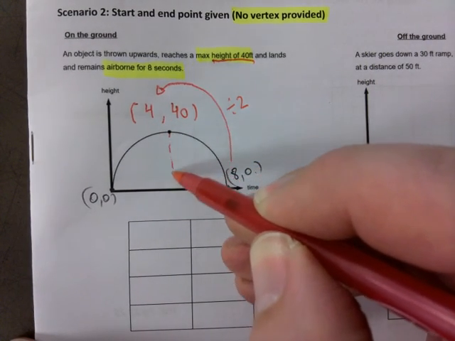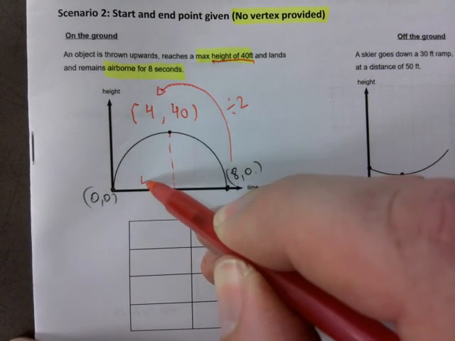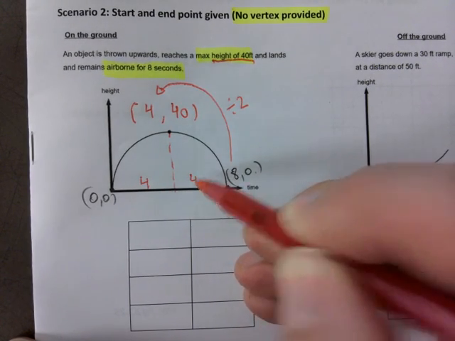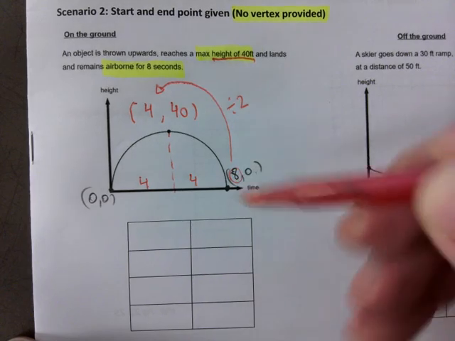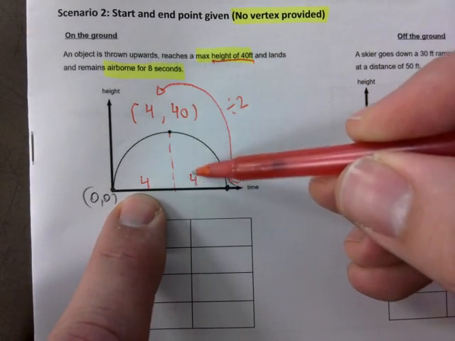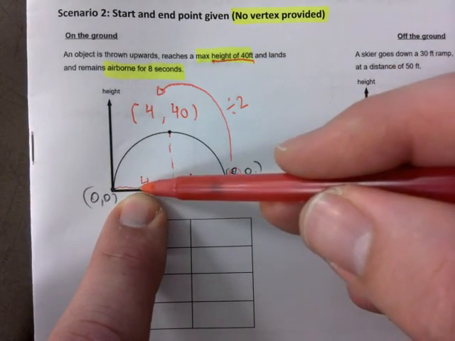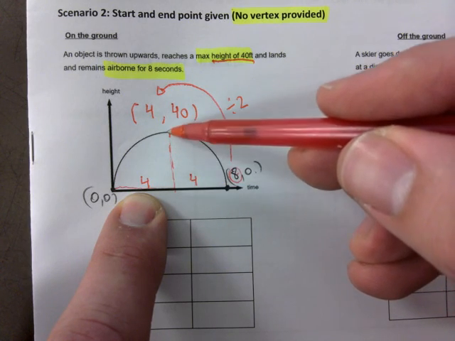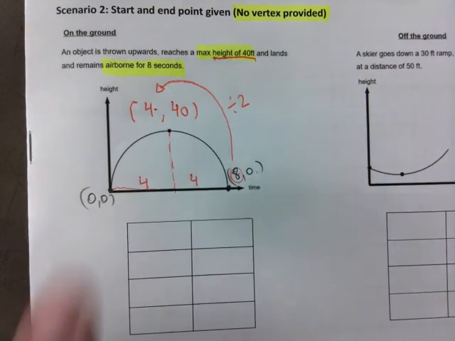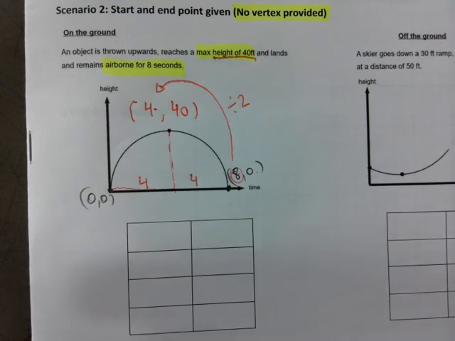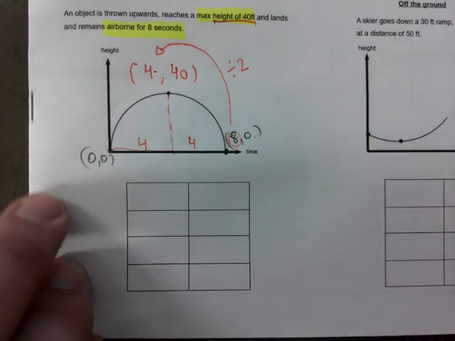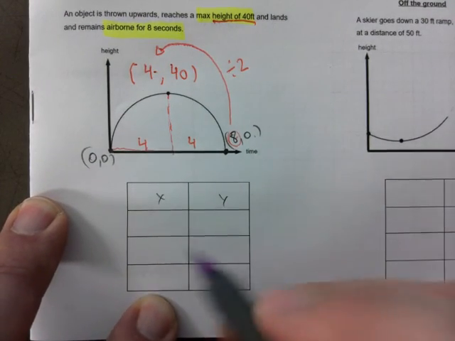And the idea is the same thing. Let's use the axis of symmetry. This is 4 and this is 4, right? But you're basically splitting the 8 into half, right? So it takes you 4 from the start to the middle. So in this case, you just have to divide by 2. I'm just going to go x, y.